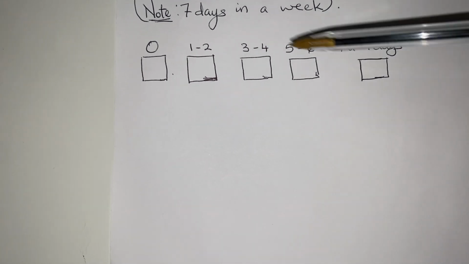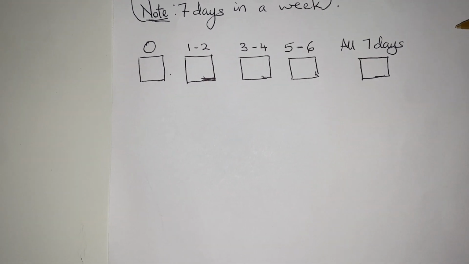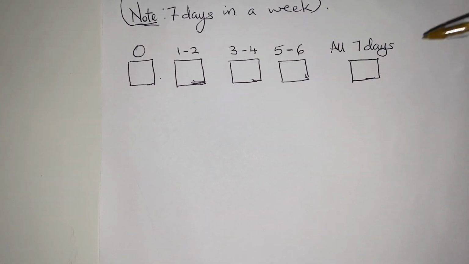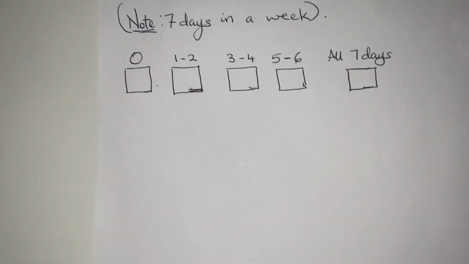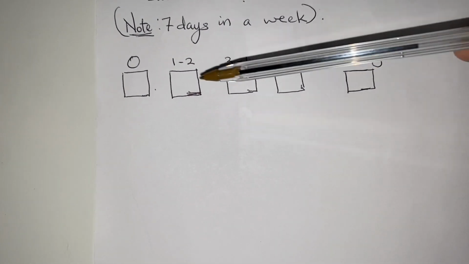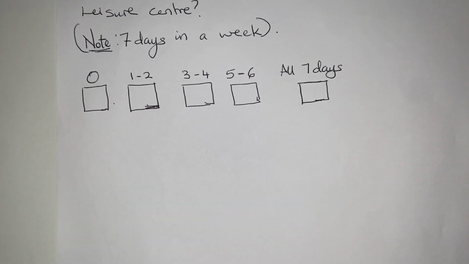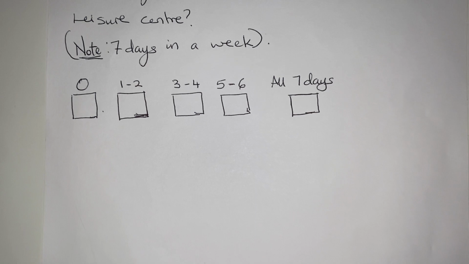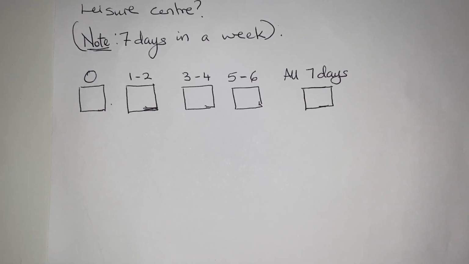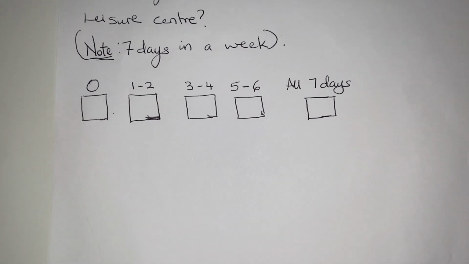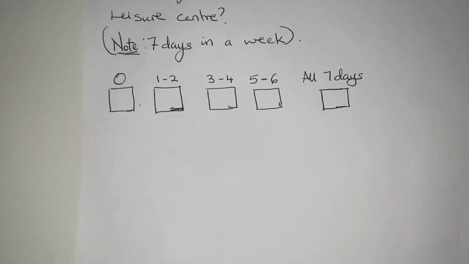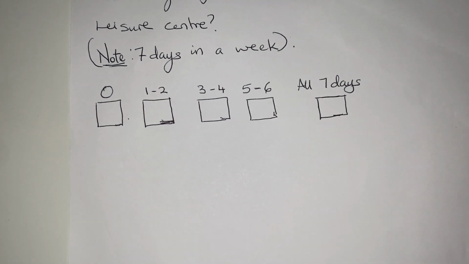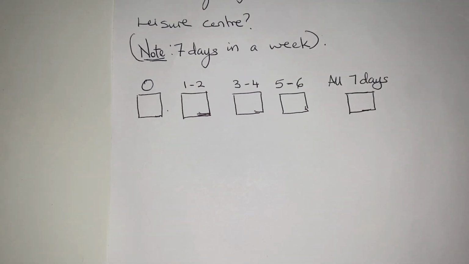You can give more than 4 boxes to say 0, 1, 2, 3, 4, 5. Or as I've done it, you can say 0, because maybe you are active at work, you do your exercise outside, you go for jogging, so you don't need a leisure center, and maybe you wouldn't want to go there for any other thing.